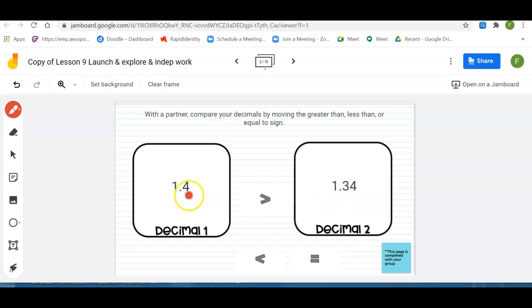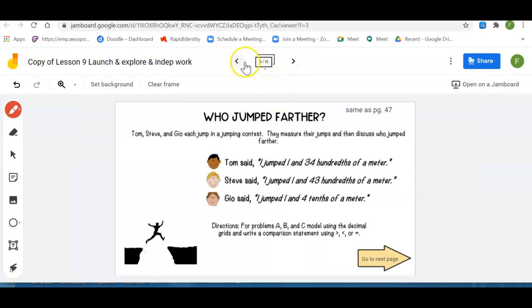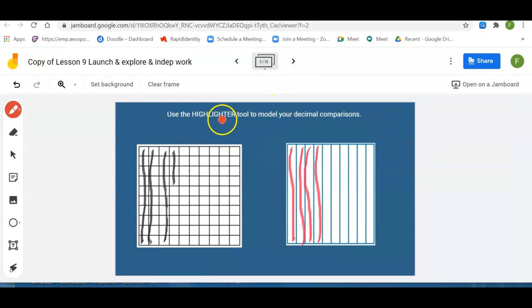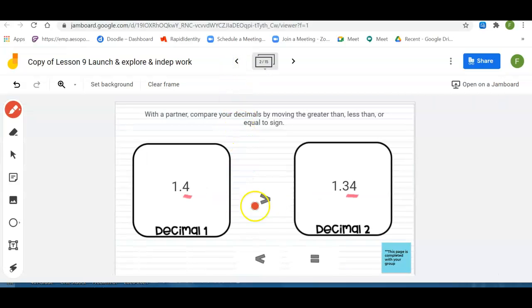So then really I would be comparing the actual decimal, which is 34/100 to 4/10. All right, so on our next slide, it says use the highlighter tool to model your decimal. And the two decimals again, I've got 4/10 and 34/100.